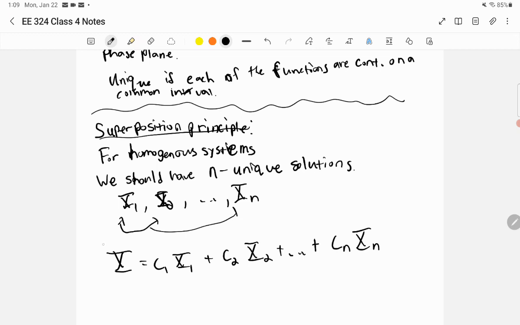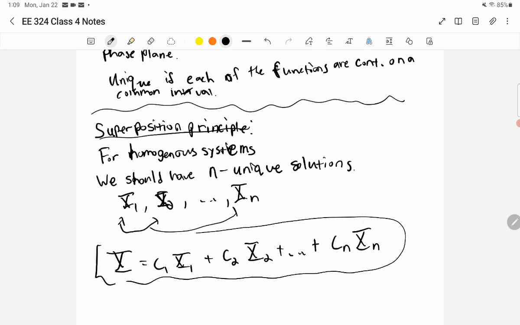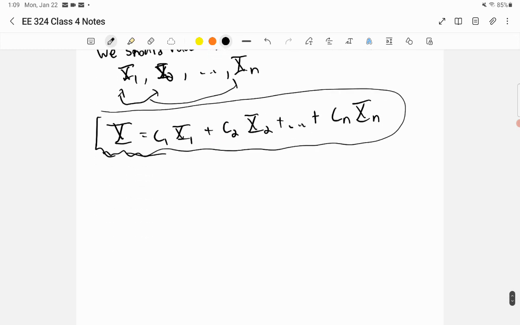So basically, this is the superposition, and the assumption here, of course, is that these are linear coupled ODEs, n linear coupled ODEs, right? So the general solution then is just going to be some superposition of each of the n individual solutions.